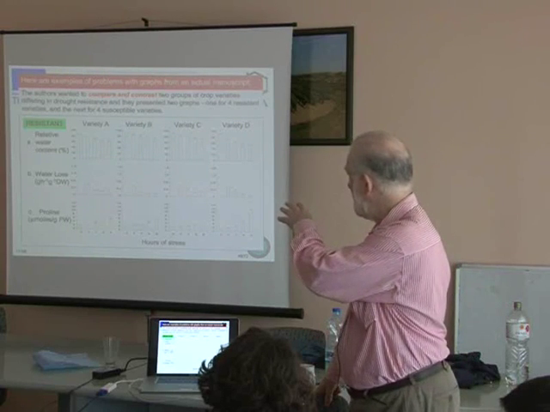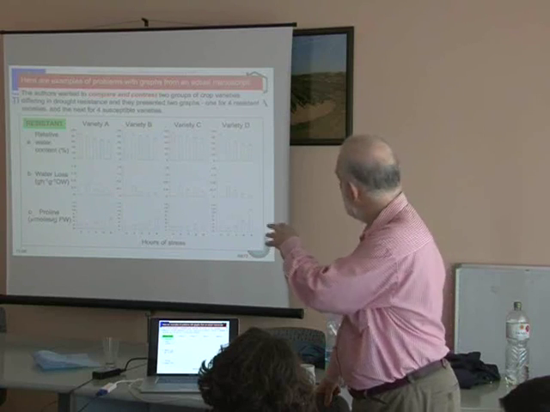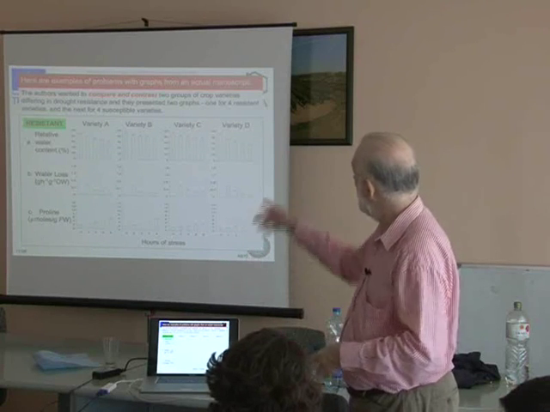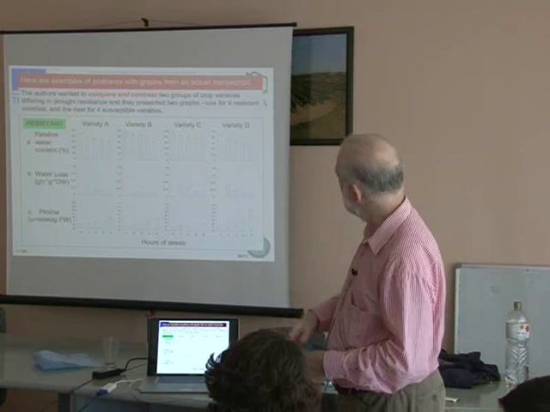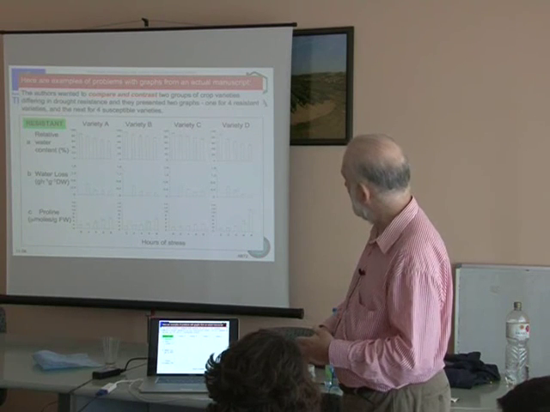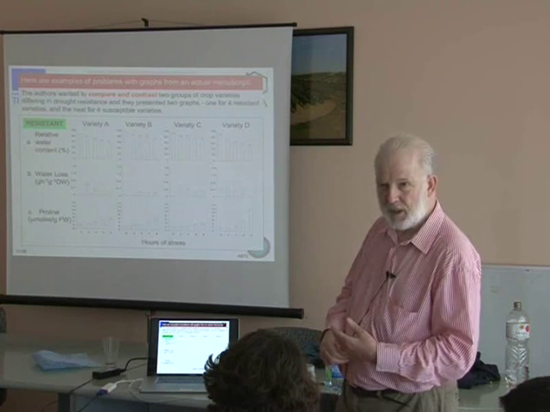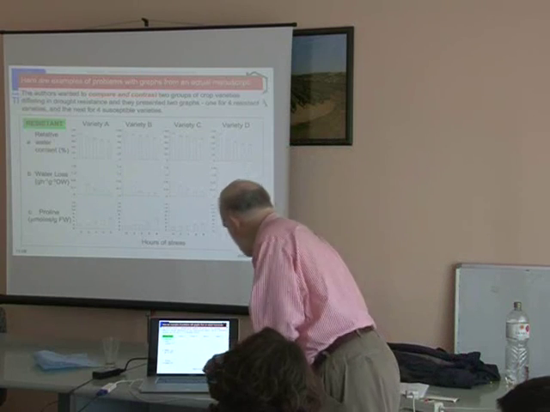And they sent me their manuscript, and this was on 1 page. Here we have data for the 4 resistant varieties, A, B, C, and D, and there are 3 parameters that they've looked at: the relative water content, water loss rate, and one of the amino acids, proline. So those are the 3 parameters that they were comparing for resistant.